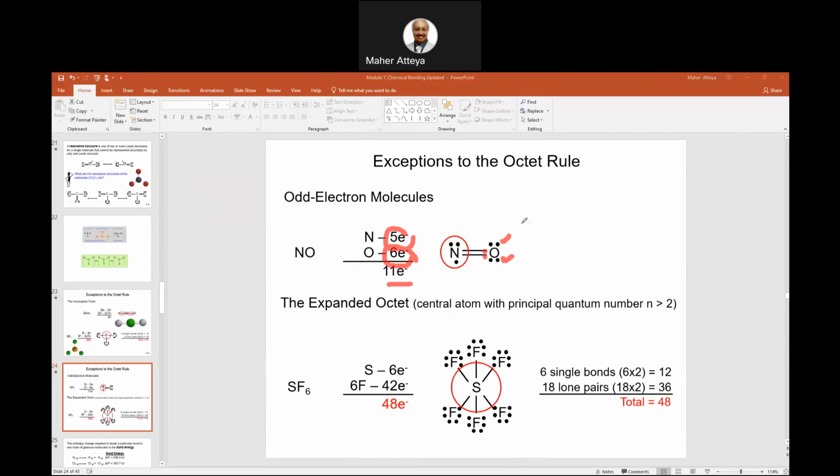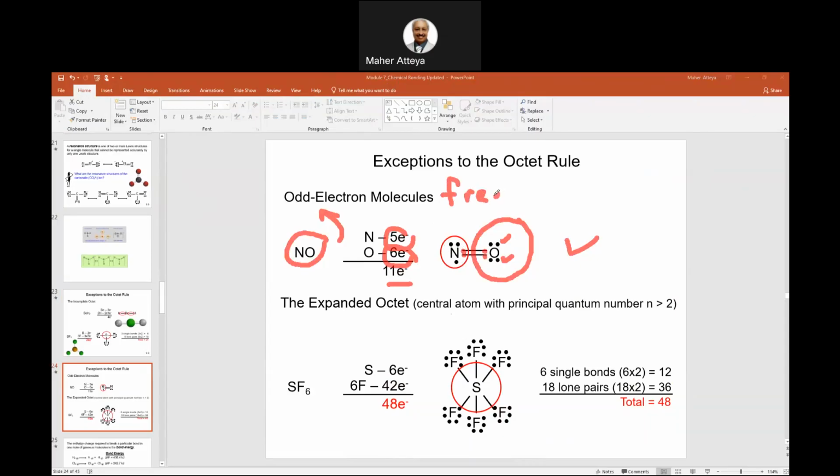So oxygen is good. The octet rule is okay. However, nitrogen here, look at this. 2 and 2, that's 4, 5, 6, 7. It's missing 1 electron. So therefore, an odd electron molecule, like this one here, has an odd electron, called a free radical.